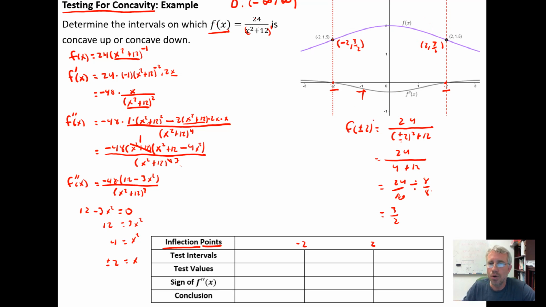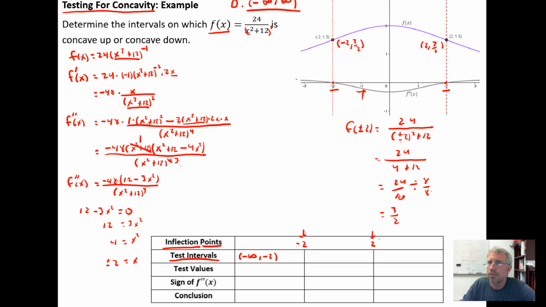So once we know the x values for the inflection points, we combine that information with the domain of the function to establish our test intervals for the second derivative. So the domain starts at negative infinity. So we're going to run from negative infinity to the first inflection point, and that's going to establish our first open test interval.